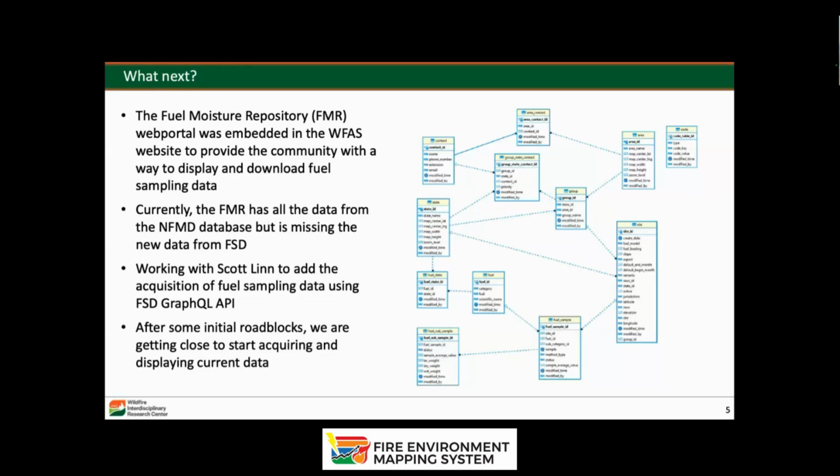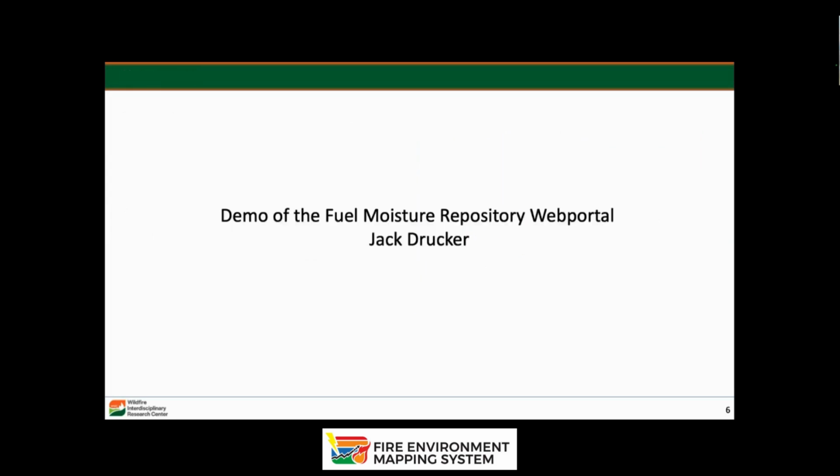Thanks to some meetings with Scott Lin and some of the developers, we were able to figure out a way of using the API. So soon we will also have the new data that's been collected in your FSD.